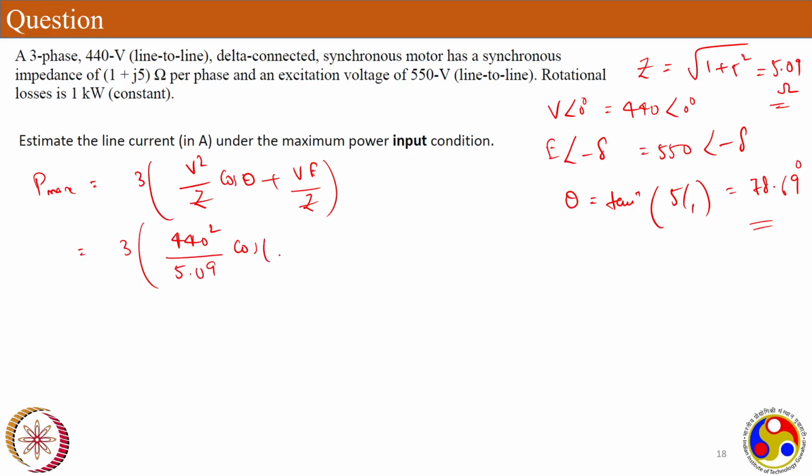Theta is 78.69, plus VE, 440 multiplied by 550 divided by Z. Z is again 5.09. So can someone calculate it for me? I will also calculate.